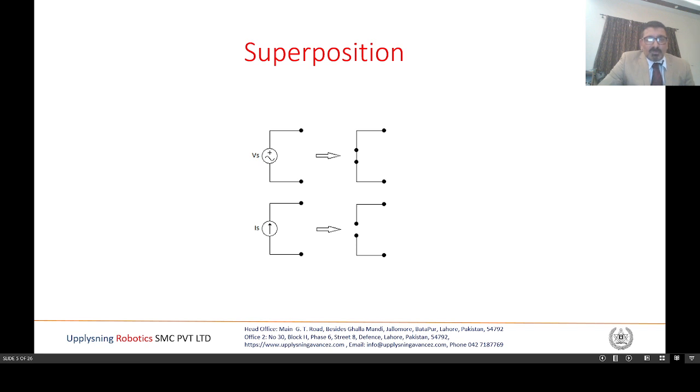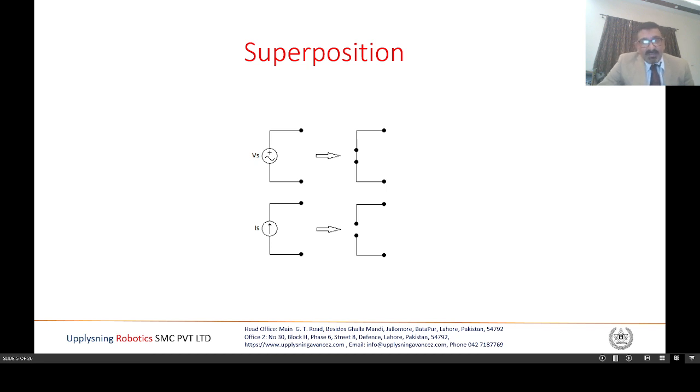Now I'm going to talk about superposition. The voltage across or current through an element in a linear circuit is the algebraic sum of the voltages across or currents through that element due to each independent source acting alone.